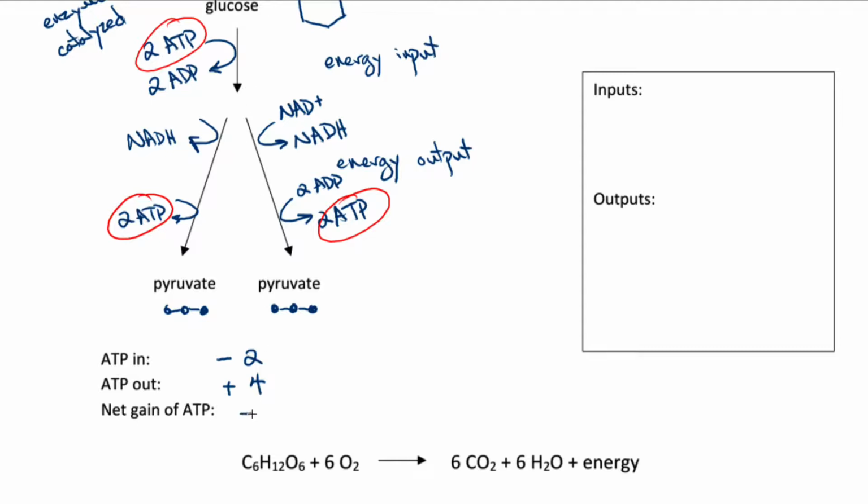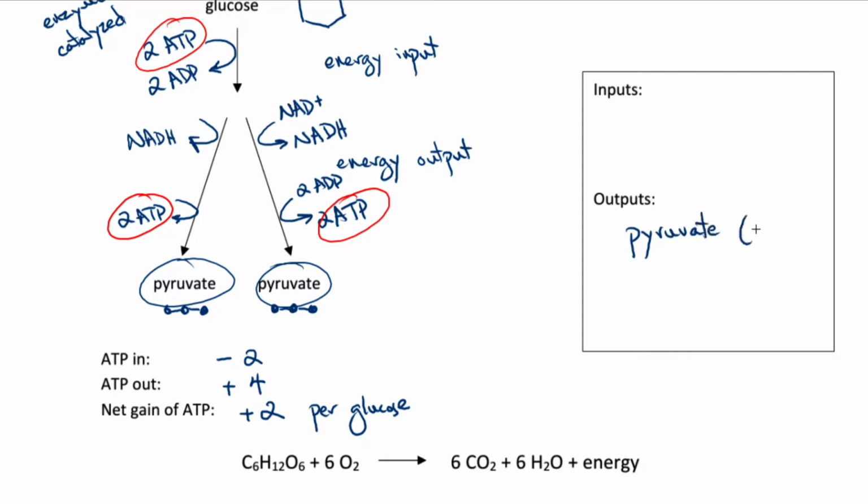That's a net gain of 2 ATP per glucose. If we look over here at the outputs, we can see that we've got 2 pyruvate molecules. Those are the 3-carbon molecules that are left at the end of glycolysis. So we have pyruvate, and we have 2. I'll write in brackets 2 because that's per glucose.